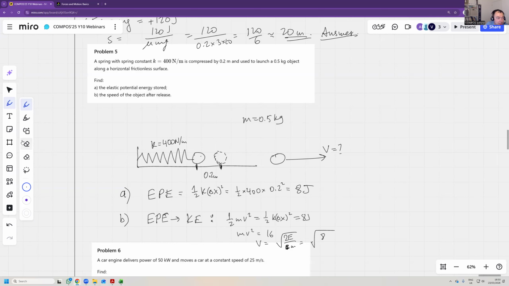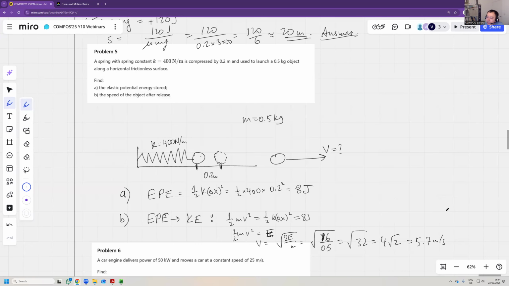Sorry, 1/2 mv squared is equal to energy, so v is the square root of 2 energy over m, so that's 16 over mass, which is 0.5, which is the square root of 32, which is 4 root 2, which is 5.7 meters per second.